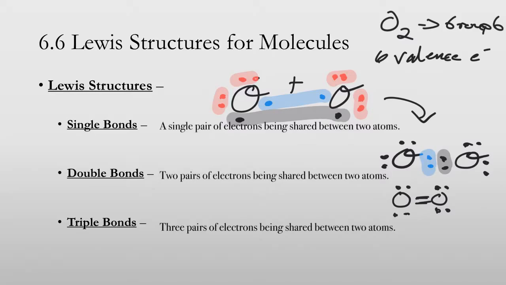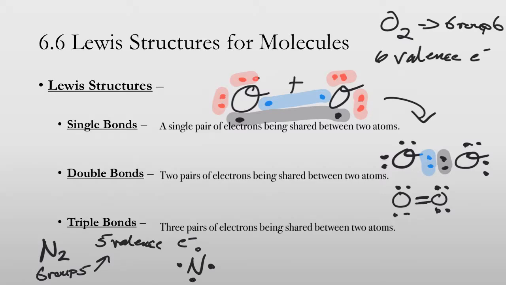Now for triple bonds, my example is going to be nitrogen. This is in group 5. So we have 5 valence electrons, which means our nitrogens are going to be 1, 2, 3, 4. And I'm going to put the 5th one right there.